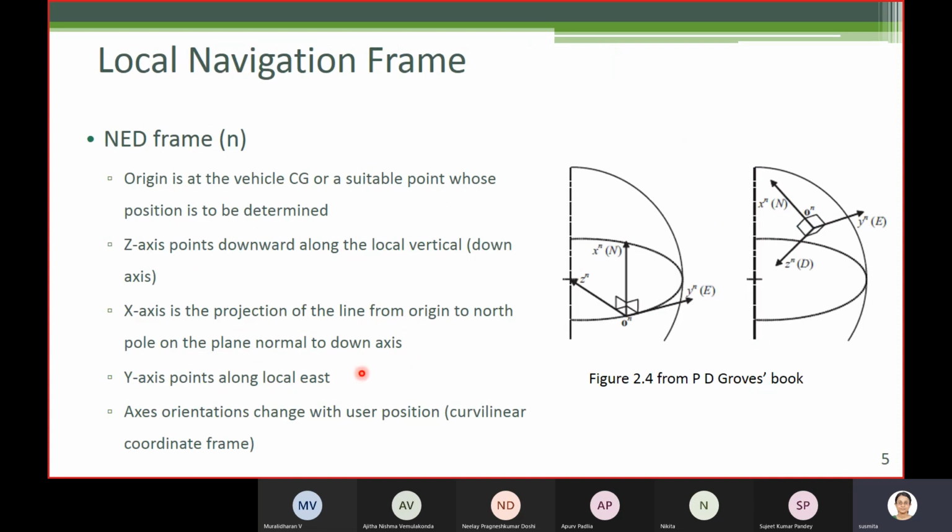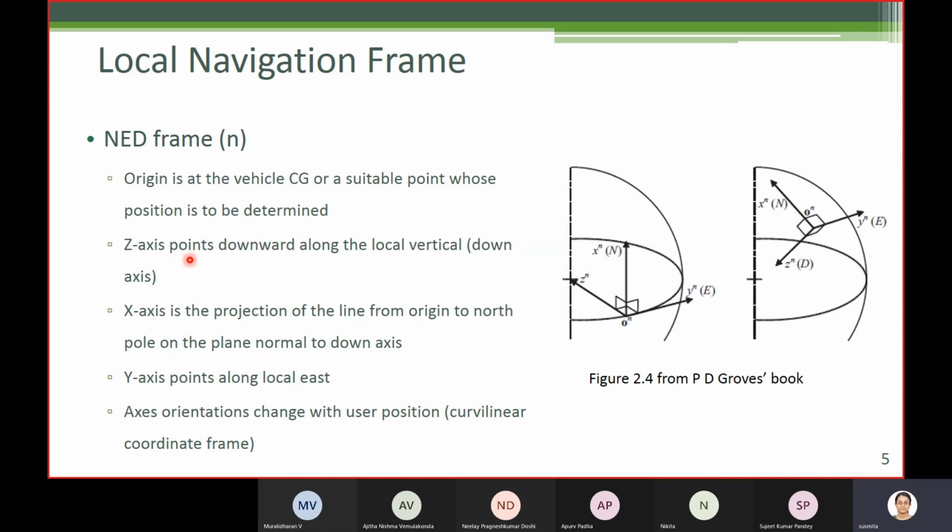The third frame that we're going to define is called the local navigation frame. Okay, the notation is N. The origin is at the vehicle's CG, center of gravity, or it could be a suitable point whose position we are interested in. So the origin is no longer at the Earth center now, and that's why it's called the local frame.